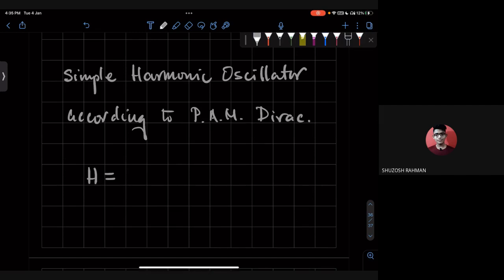Our Hamiltonian is, in terms of operators, p squared by 2m plus half, instead of k, let me write it in terms of omega, m omega squared x squared, right?